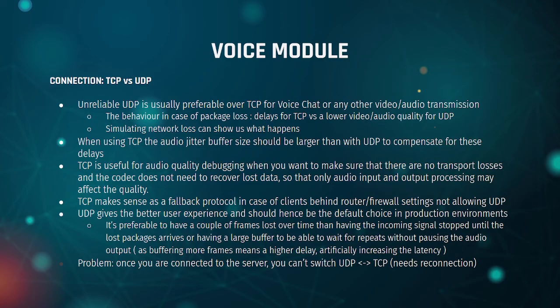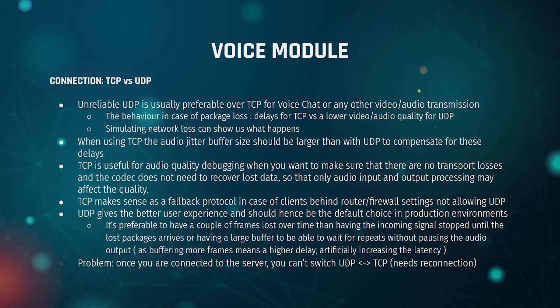So there are some differences between TCP and UDP in the voice module. Unreliable UDP is usually preferable over TCP for voice chat or any other video or audio transmissions, even though I only implemented the audio part. The behavior in case of packet loss is delays for TCP versus lower video or audio quality for UDP.